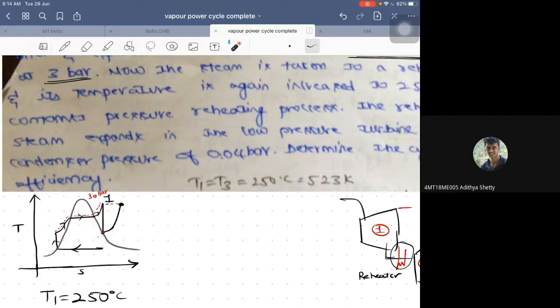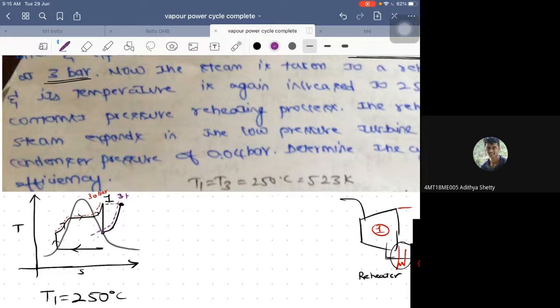Now, if it is going to 250 degrees Celsius like this, he says it is going in an isobaric way, isn't it? That means he says it is at constant pressure. Then can I take the pressure at this particular isobar, which I am marking with purple now, as 3 bar?